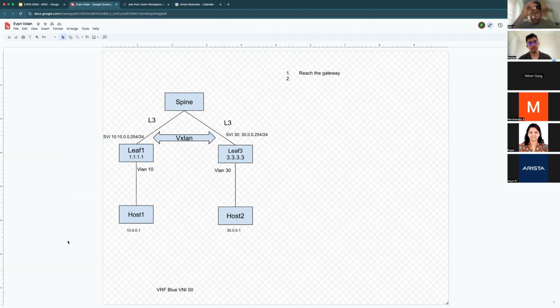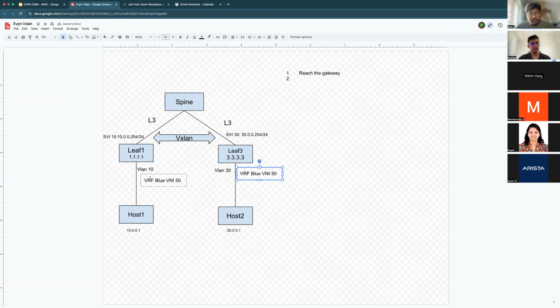Correct. So if that is the case in a normal L3 setup, we might need some transport VLAN. But in VXLAN, we would be putting them in the same VRF so that we can exchange some kind of routes and achieve the routing. So maybe I'll put SVI 10 in VRF blue, and I'll also put SVI 30 in VRF blue.